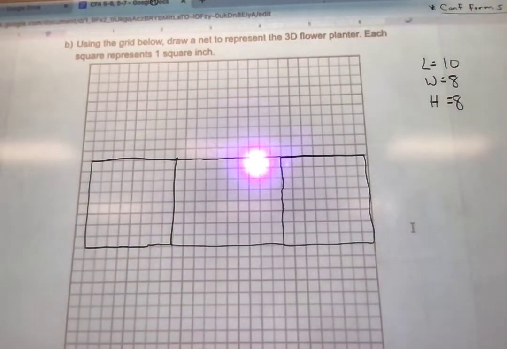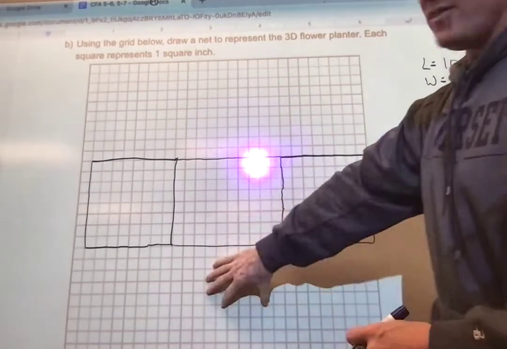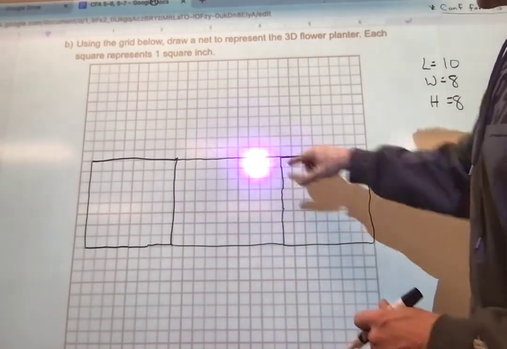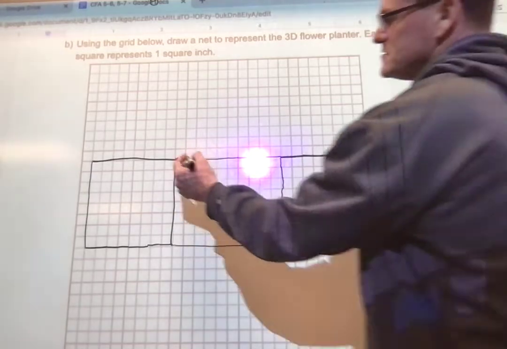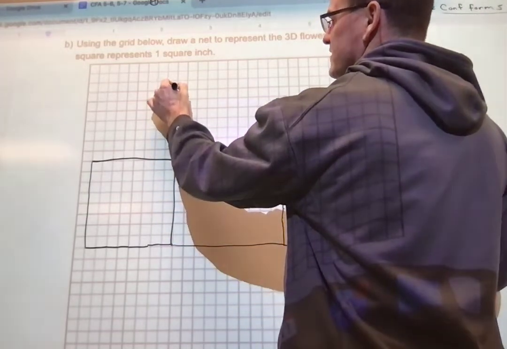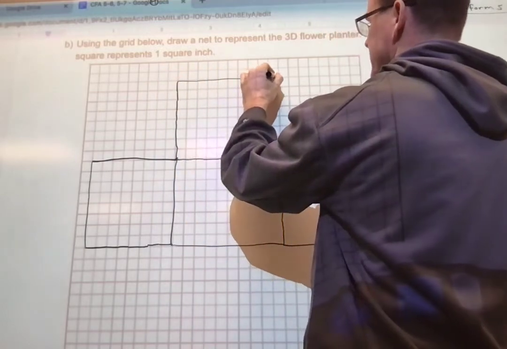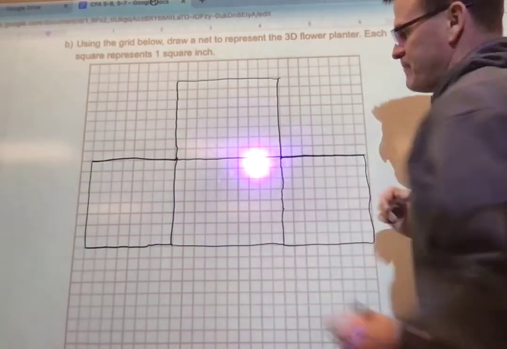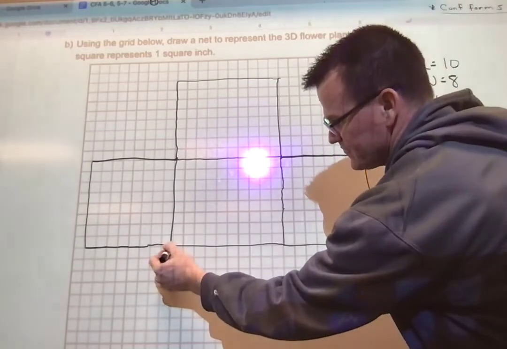I also know the front and the back were 10 by 8 like the bottom, so I can go up 8 here and go over 10. That's the back that you couldn't see on that planter, and here's the front.